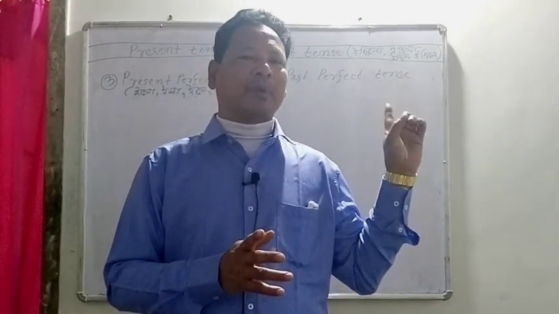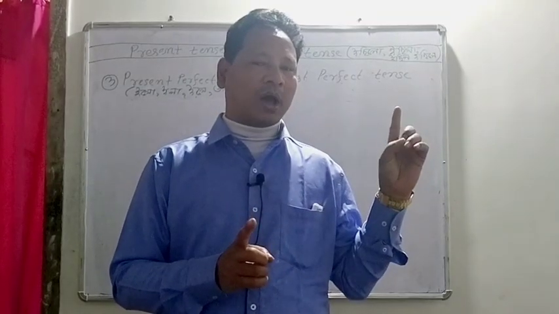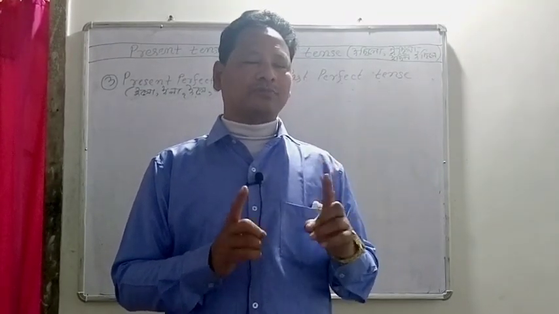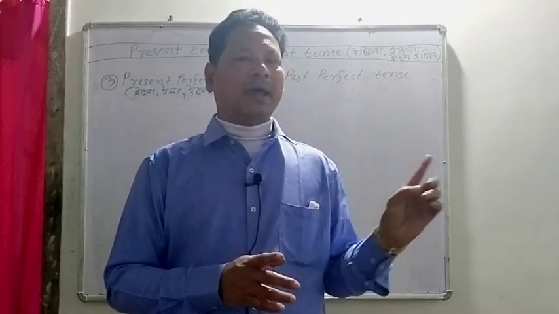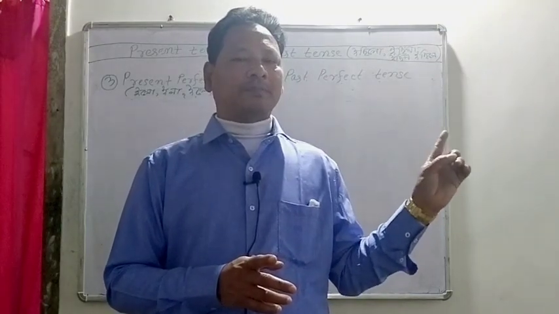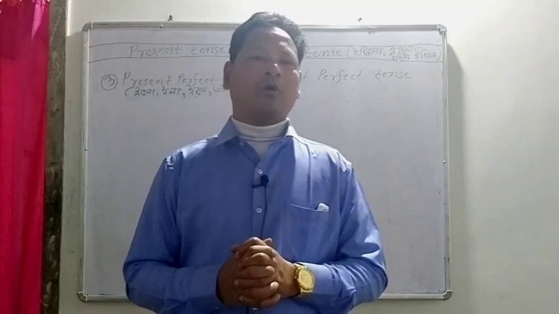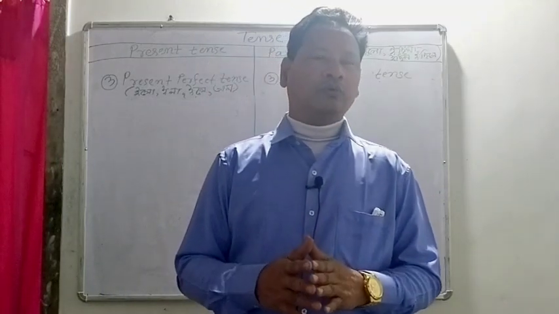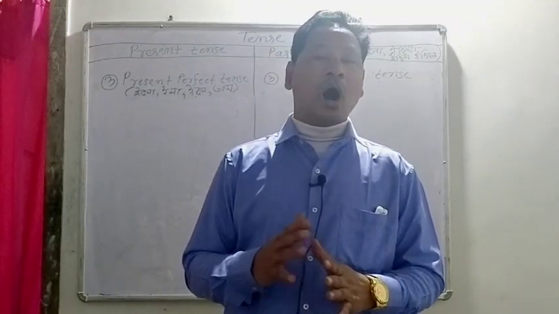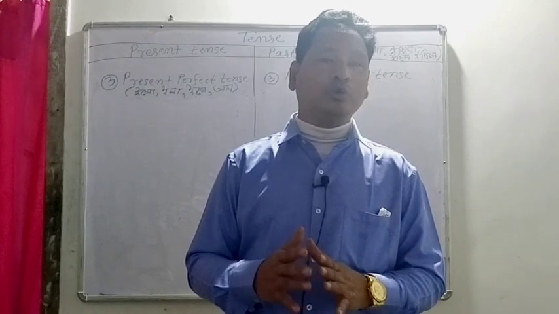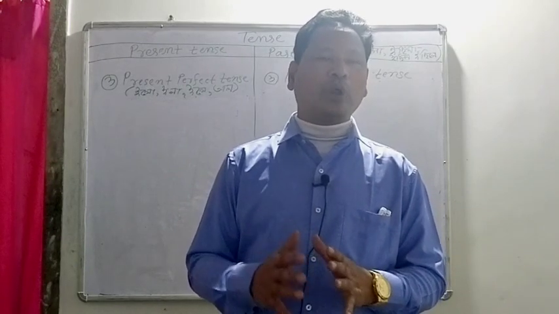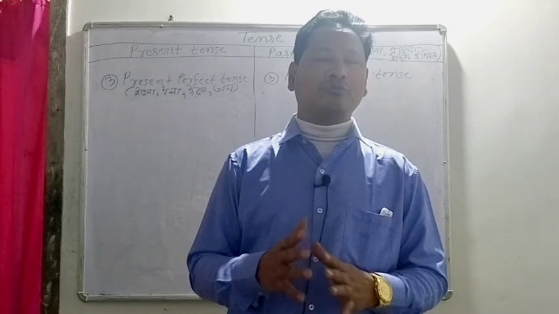Present perfect tense and the past perfect tense. The basic formula: subject plus has/have plus verb 3 plus object, and past perfect: subject plus had plus verb 3 plus object. This is a basic construction, and I had also given you examples of how the formula is used.